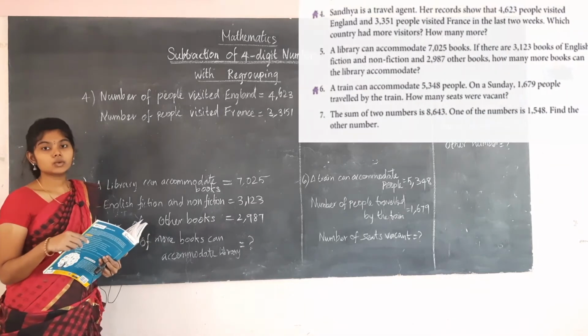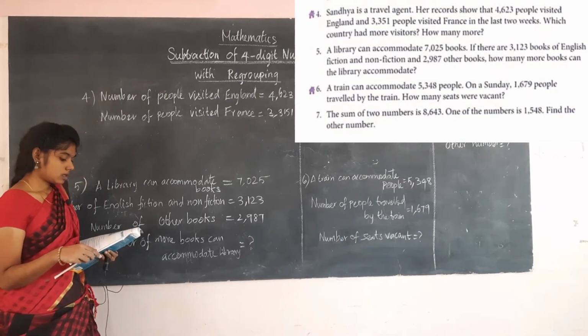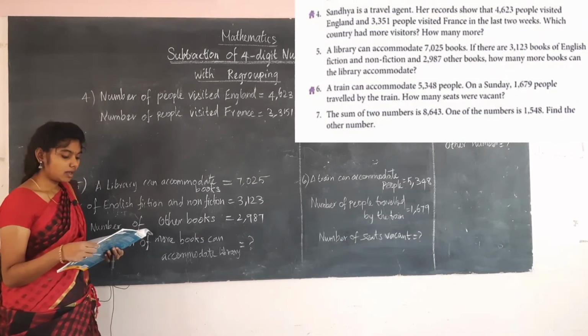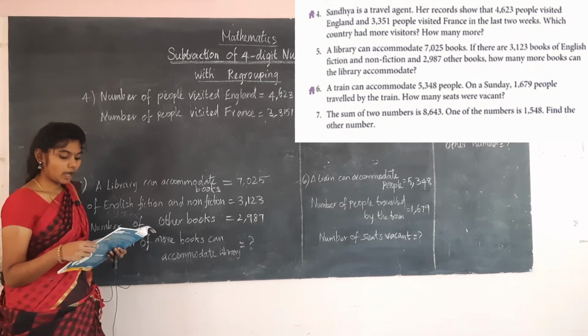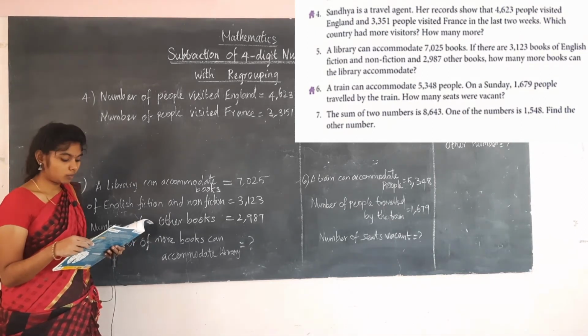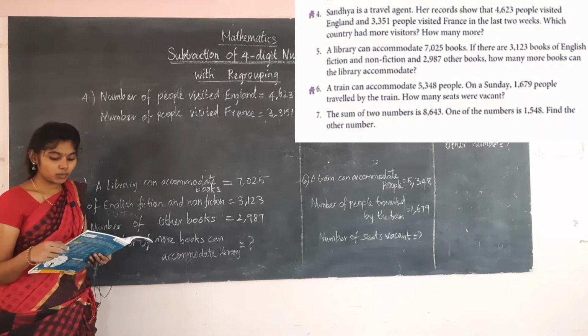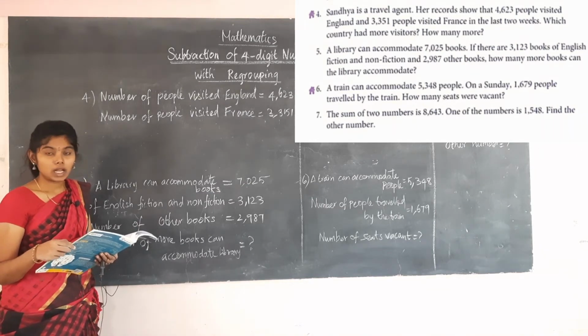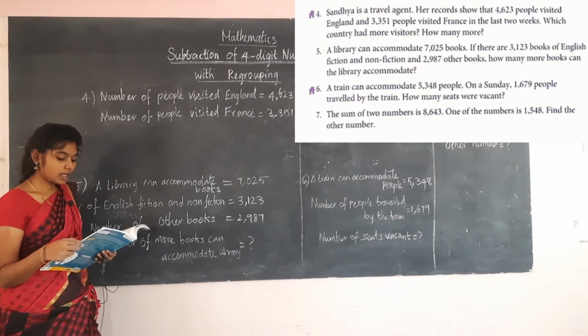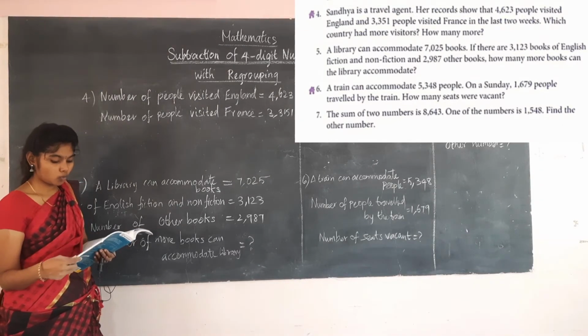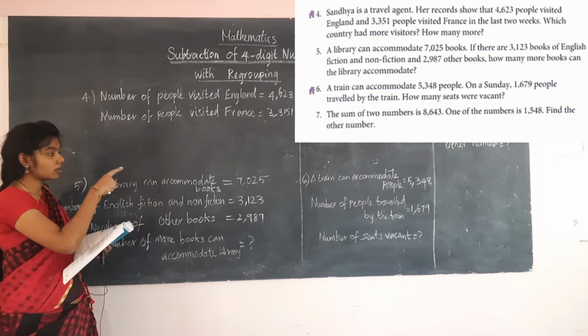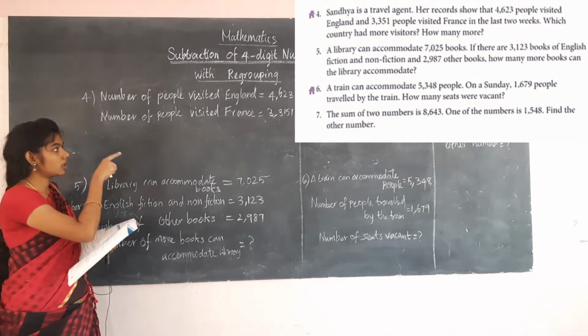Now we shall see the fourth problem. Sandhya is a travel agent. Her records show that 4,623 people visited England and 3,351 people visited France in the last 2 weeks. Which country had more visitors? How many more? I have mentioned the given part here, and you are going to do this one as your homework sum.